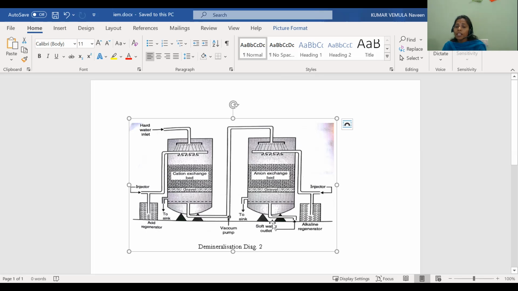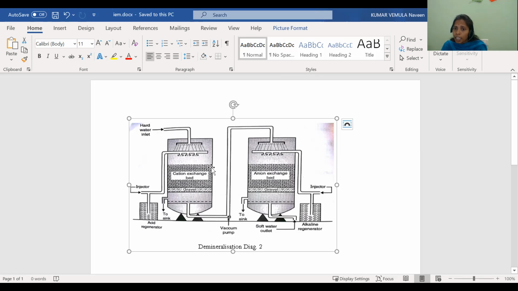But there is one problem here. What is the problem? Initially, the symbol for the cation exchange resin is RH plus. The symbol for the anion exchange resin is ROH minus. Let us assume this resin initially has around 100 H plus ions and this resin has 100 OH minus ions. Just let us assume. So when the water is passing through the cation exchange resin, how much capacity does it have?